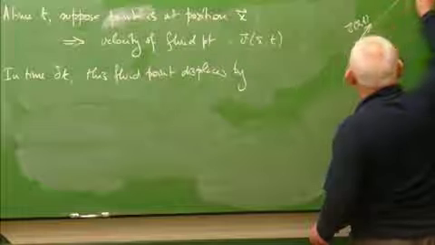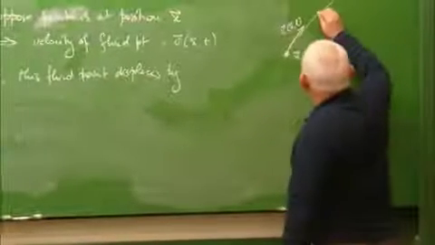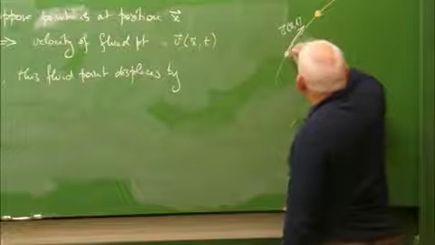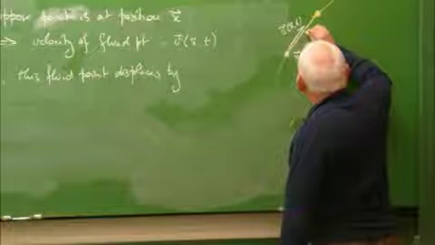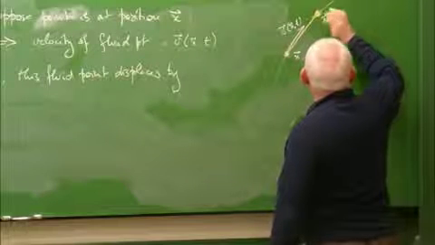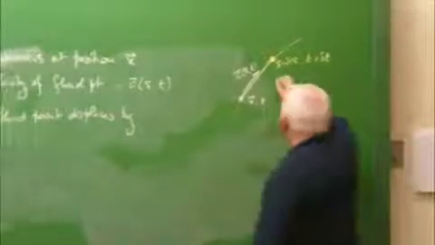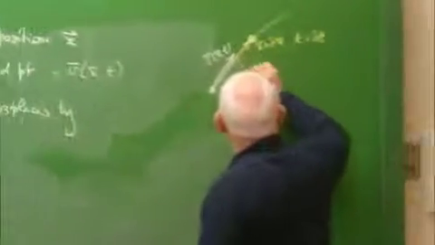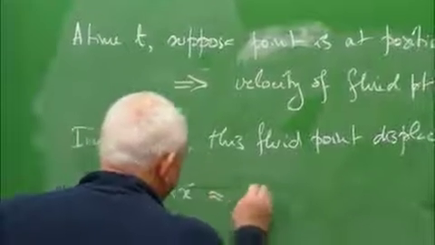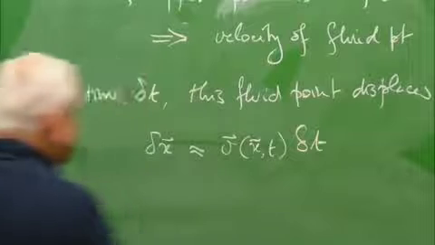This is the path line of the fluid point, and it moves to a new position on the trajectory, which is x plus delta x, its position at time t plus delta t. The amount by which it has moved, this displacement delta x, is going to be approximately the velocity that the particle will have times delta t.